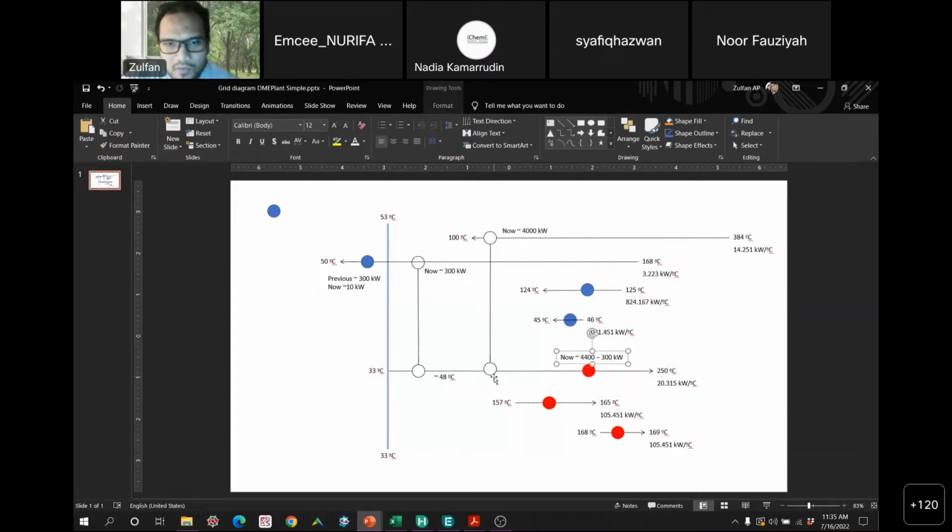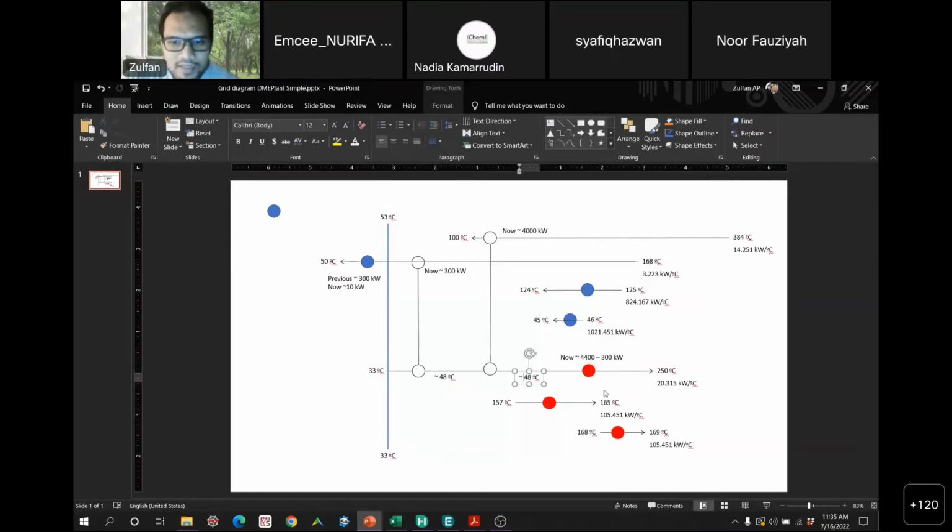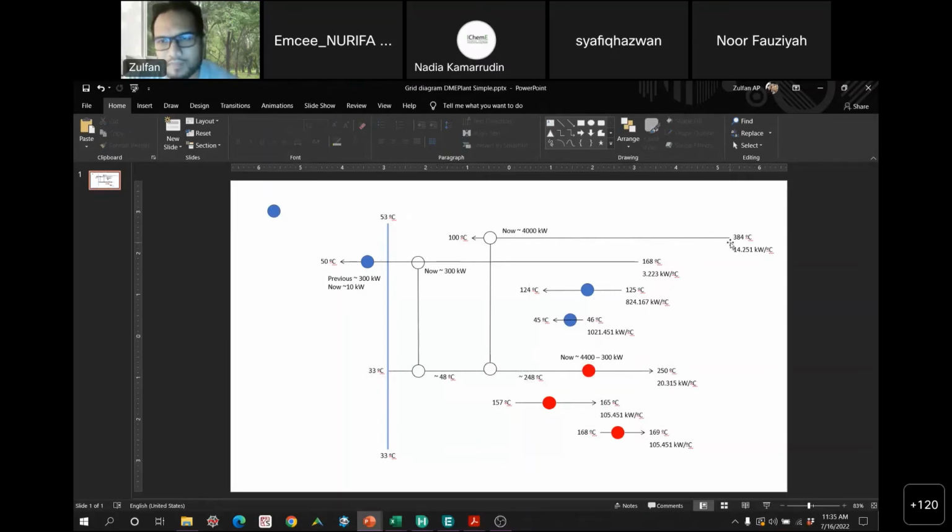So it's 4 megawatts. 4 megawatts divided by 20 is about 200, right? So 200 plus 48, so 248. So almost there. So it could also be there. I don't know, it depends. So now you have all of this stream entirely cooled down to 100 degrees C, and then this stream, you may or may not have this.